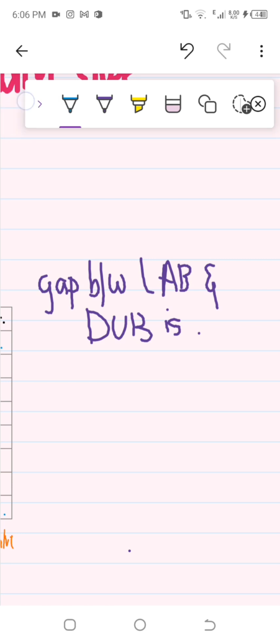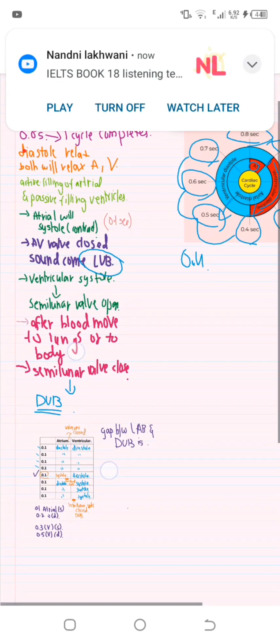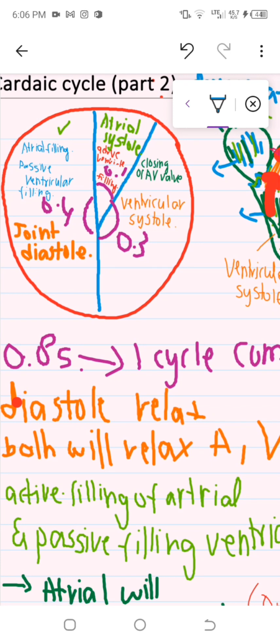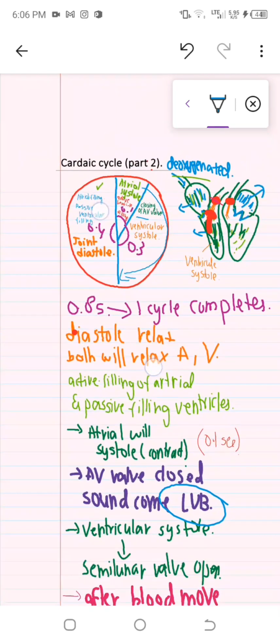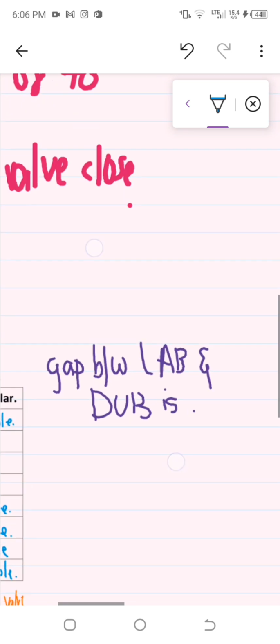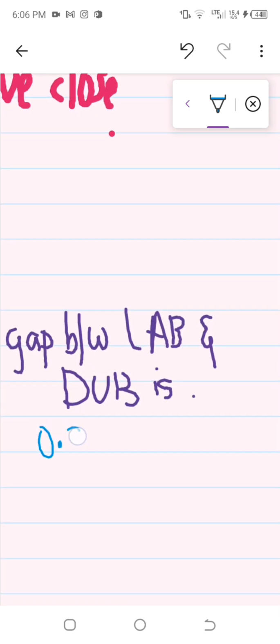As you can see in the pie chart I have explained, here the atrium will contract, so from here we have the lub sound, and here we have the dub sound. So this means the gap between lub and dub is 0.3 seconds.